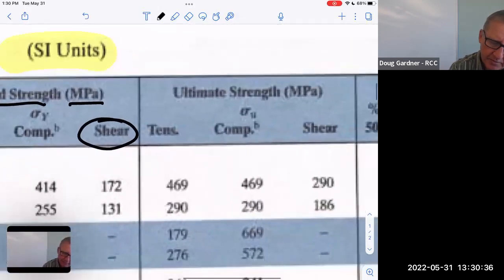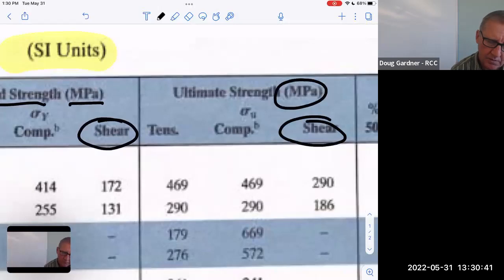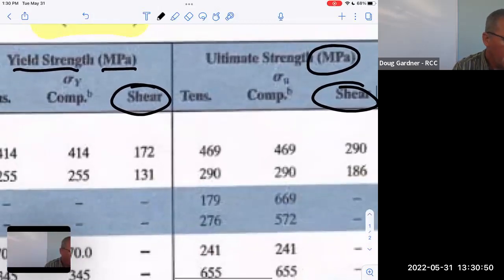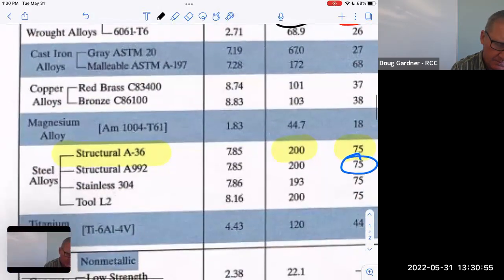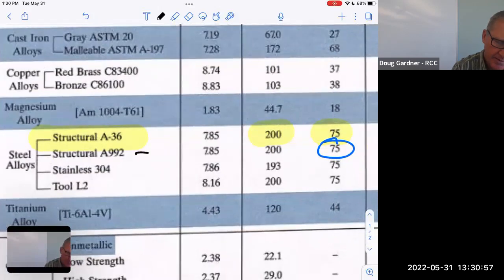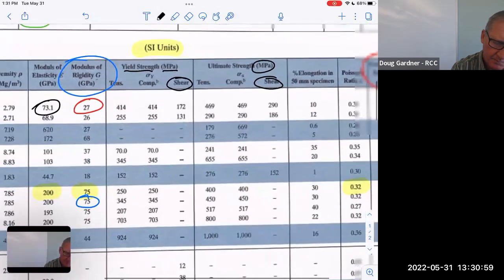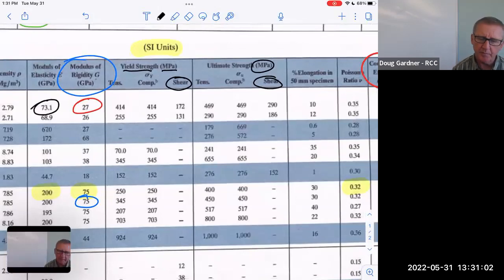Ultimate stress, megapascals, shear. Looks like there's numbers there. A992 steel. It's the second one down in this white column here. There's nothing there. I don't know why.